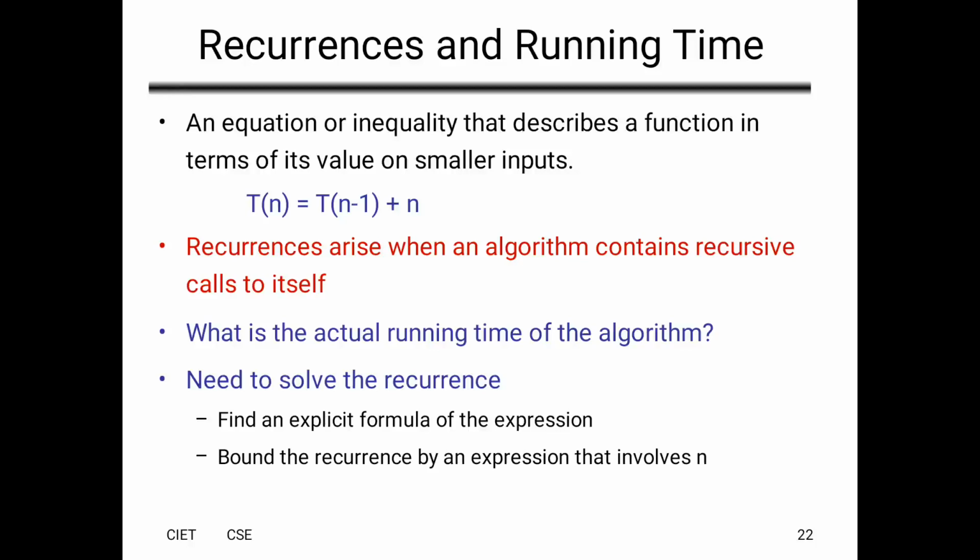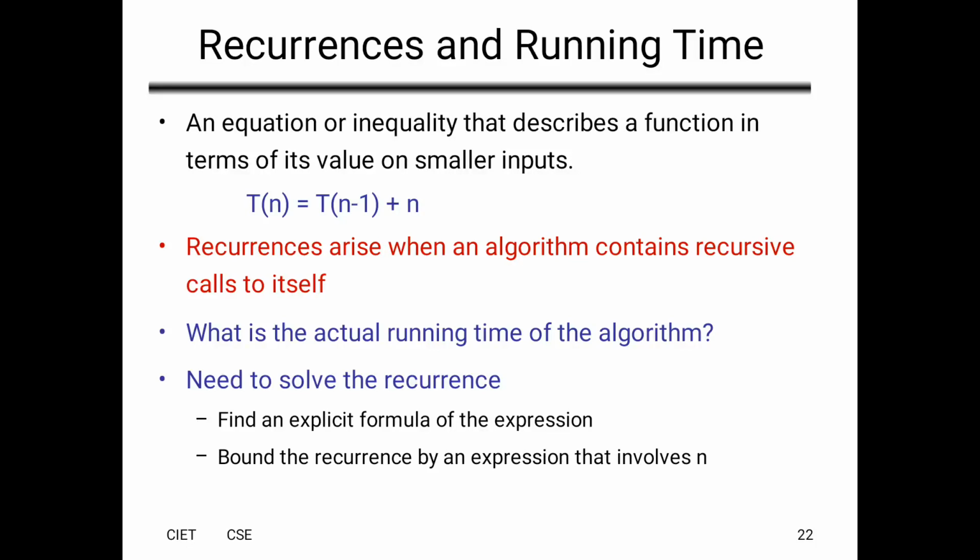Here recurrences arise when an algorithm contains recursive calls to itself. A function calling itself is called a recursive call, and an algorithm that contains recursive calls to itself is called a recursive algorithm.